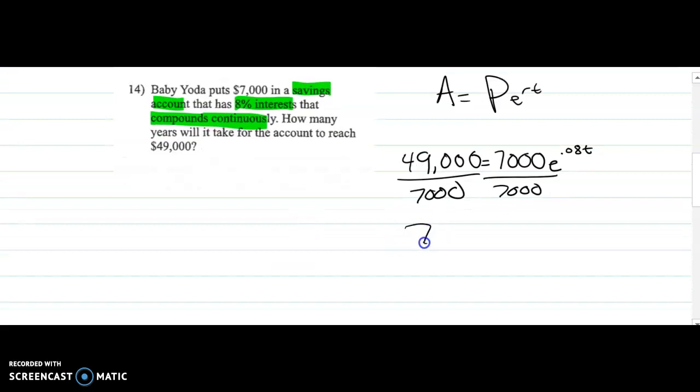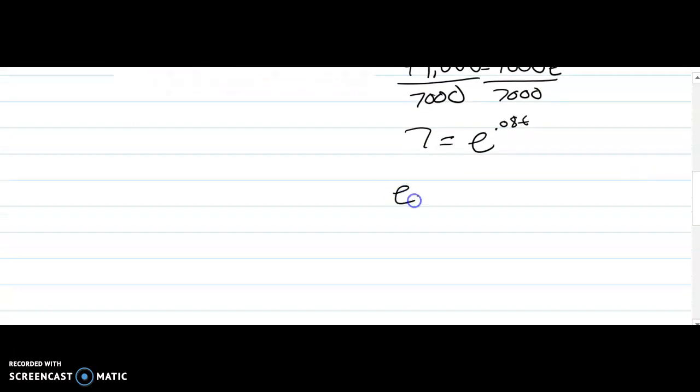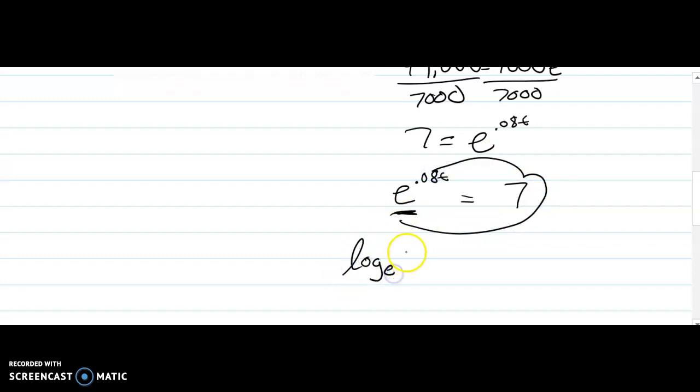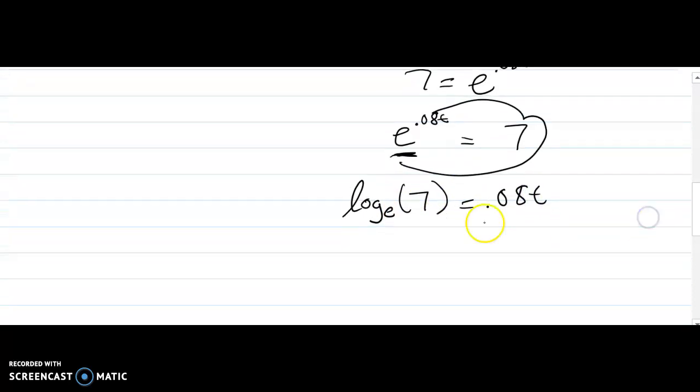Okay, this gives me 7 is equal to e to the 0.08t. Okay, I'm going to flip it so I can use my log. Start with my base, going from an exponential to a log. Log base e of 7 is 0.08t. Okay, divide by 0.08.